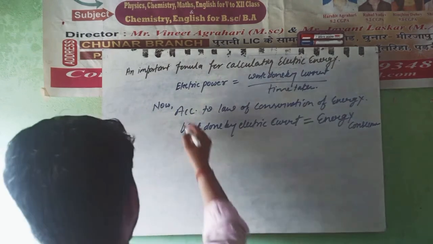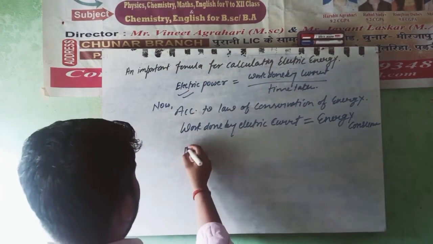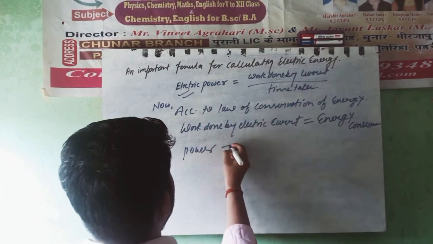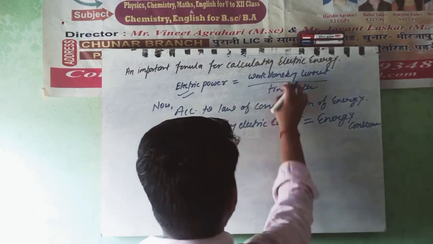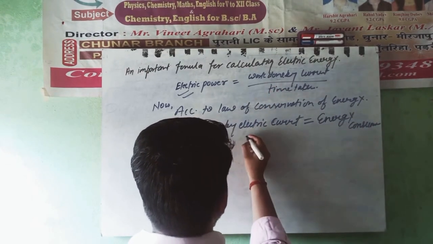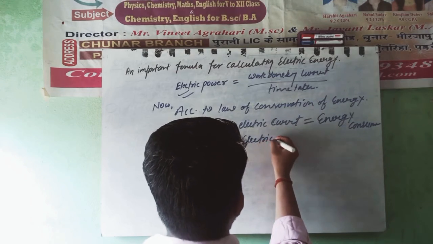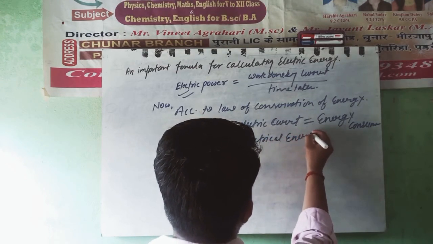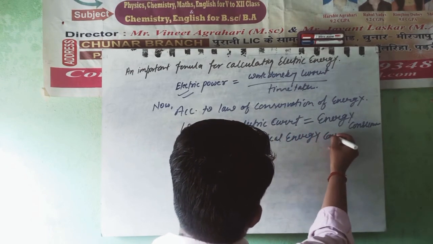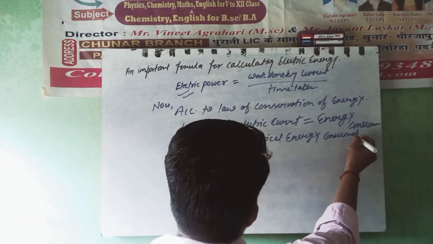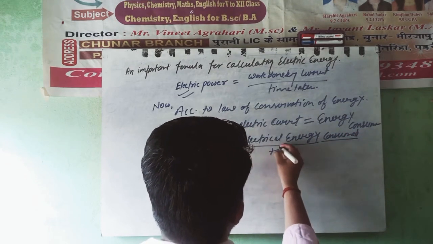So in the above formula, in place of work done by current, we can write energy consumed. Power is equal to electrical energy consumed upon time taken.